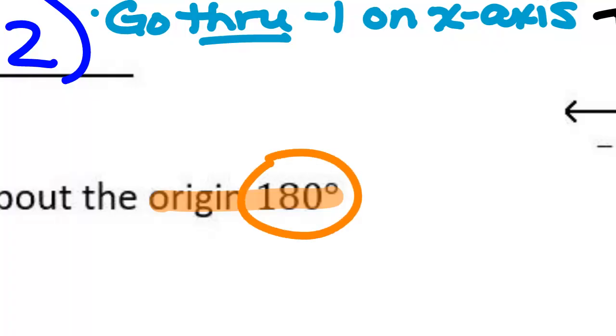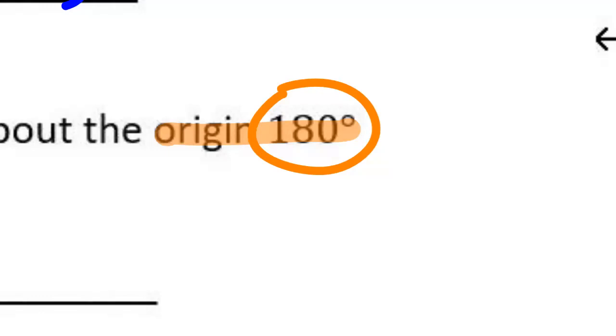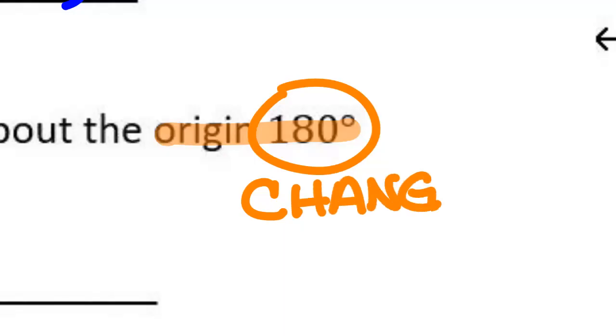Why doesn't it tell me which way I'm going for 180 degrees? Because it doesn't matter. It's halfway around, and it doesn't matter whether I go to the left or to the right as I spin. If I'm going exactly halfway around, I get to the exact same spot. Does anybody remember our rule for how we do this? Yes. Change both signs.